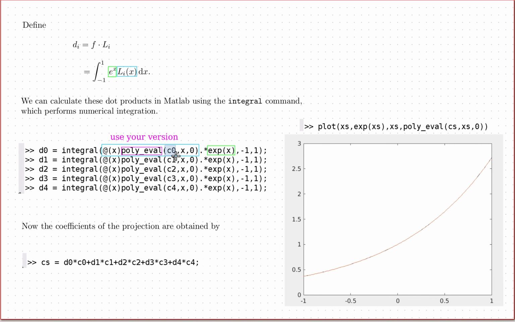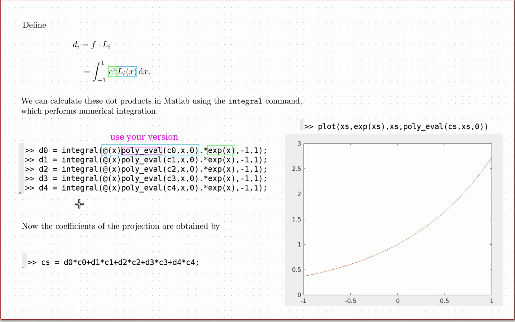Use your version, whatever you called your function that did that, right? That did the efficient algorithm for evaluating polynomials. And then I multiplied it times the exponential function, right? So that's the green box. And then, as the second and third inputs, you give the left and right endpoints for the limits of integration, right? So then I did that for each d, for d0 through d4, and we compute all these dot products.